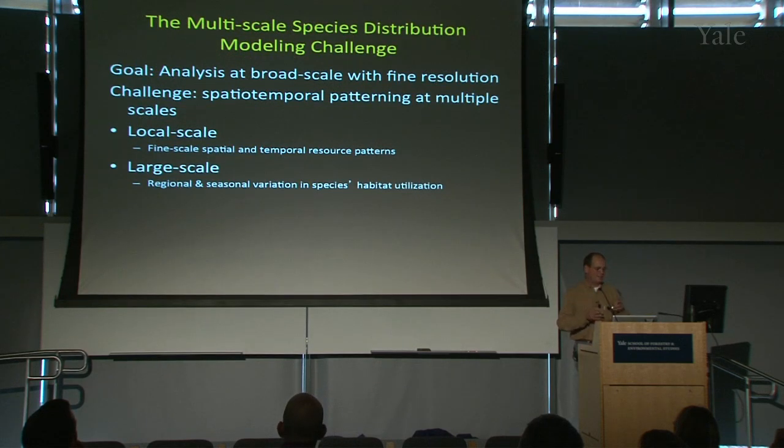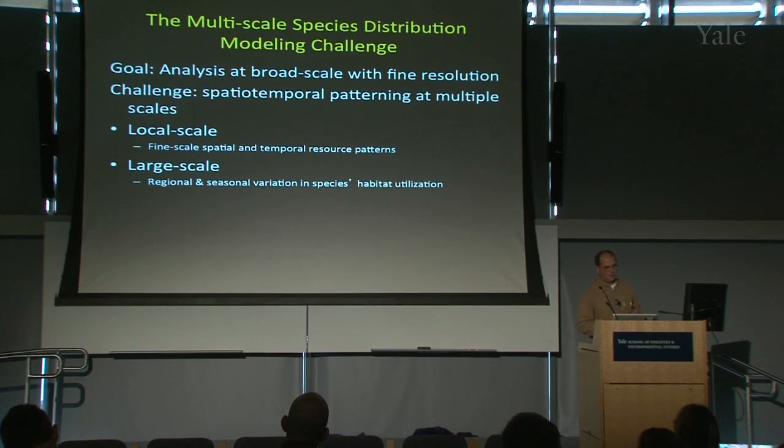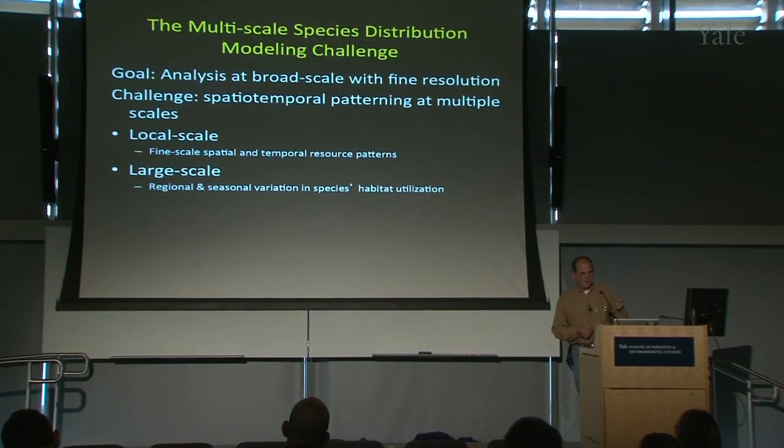So this has been a quandary for us. It's this multi-scale species distribution modeling challenge. Our goal ultimately is to analyze species distributions at hemisphere-wide scales, but with fine enough spatial and temporal resolution to allow a land manager to make a decision or an application in a very specific region.